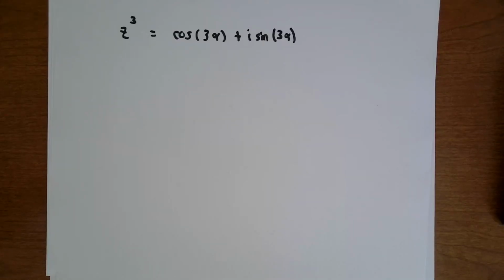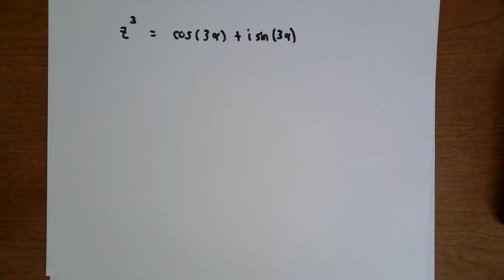So z cubed is going to be cosine of 3 alpha plus i sine of 3 alpha. I'm trying to find all cube roots of 1, so I want z cubed to equal 1. That means the imaginary part needs to be 0.